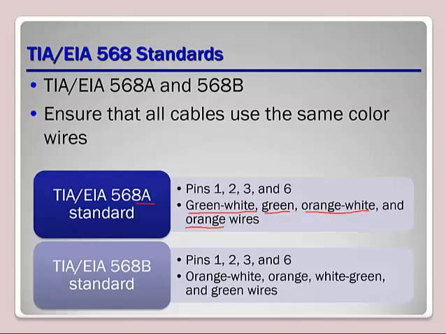But in the B standard, you're going to be using orange-white, orange, green-white, and green wires. All right, so that's the differences. And these things are usually color coded on the jacks or the patch panels where you're punching down. And these are the only two standards we really use today.